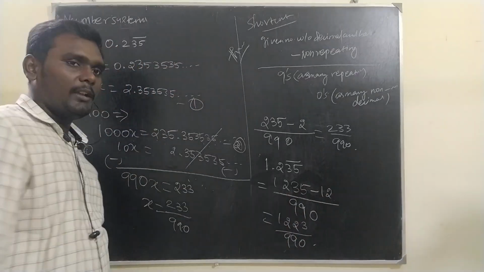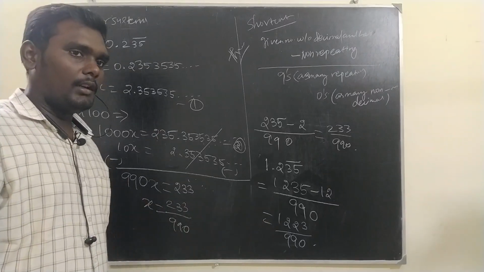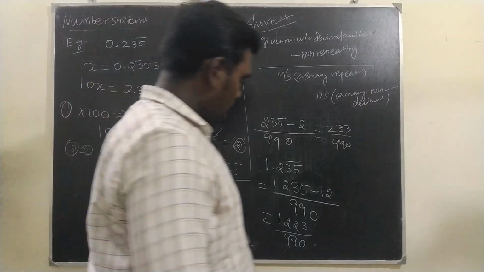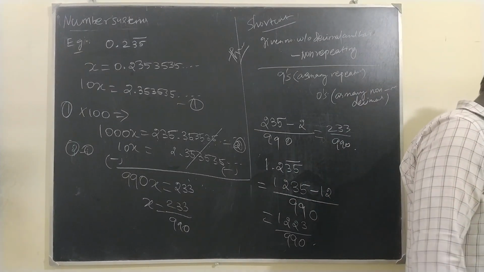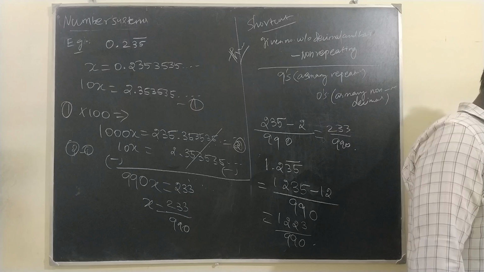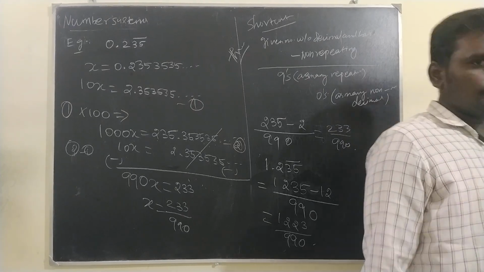If it is divisible by 2 or 3 or any number, you have to simplify it. Got it? That is how we do the conversion.